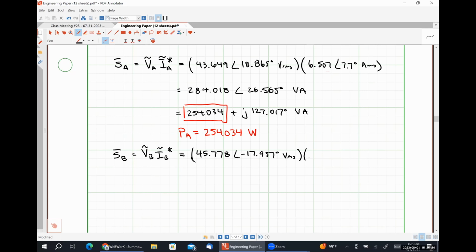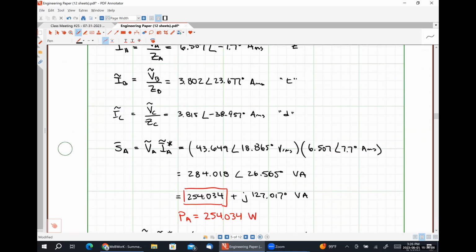IB, which I stored as T if memory serves me correctly, 3.802 with an angle of 23.677 degrees, amps RMS. Let me just double check here to make sure I stored that as T.